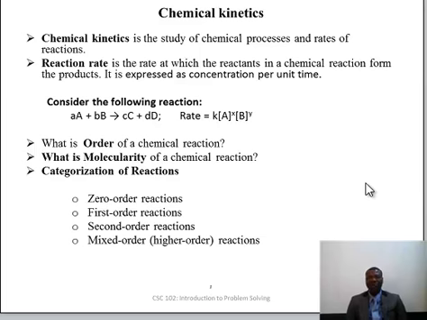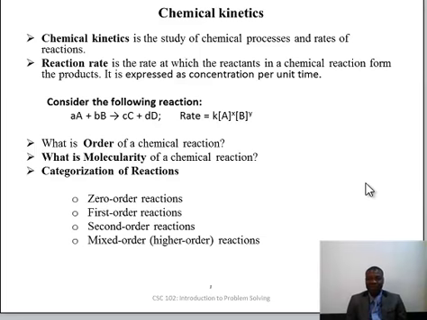In some cases, order can be the same as molecularity, and in other cases it might not be equal to molecularity. Order is an experimental value, while molecularity is the actual number of molecules that participate in the reaction.